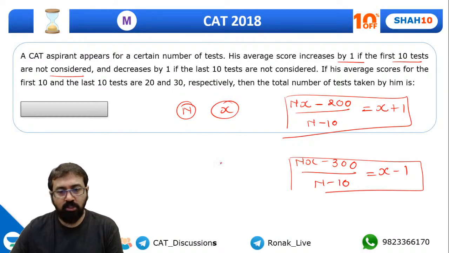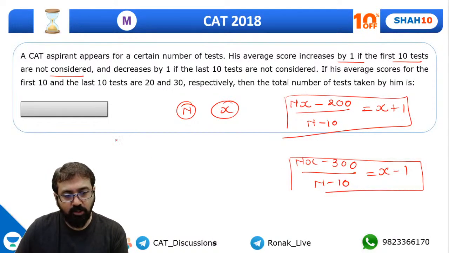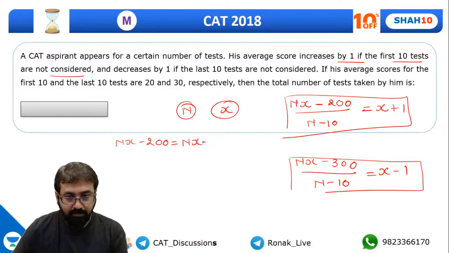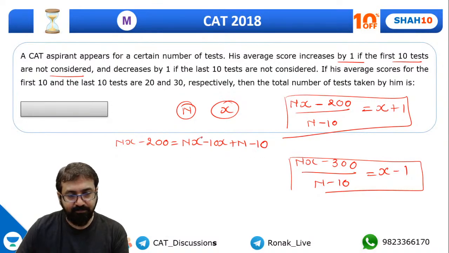So if we solve these two equations, what will we get? We will get nx minus 200 is equal to nx minus 10x plus n minus 10.